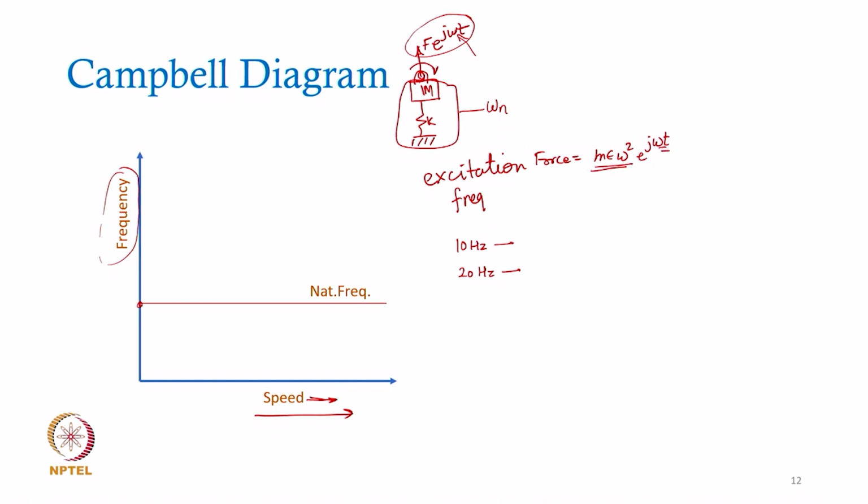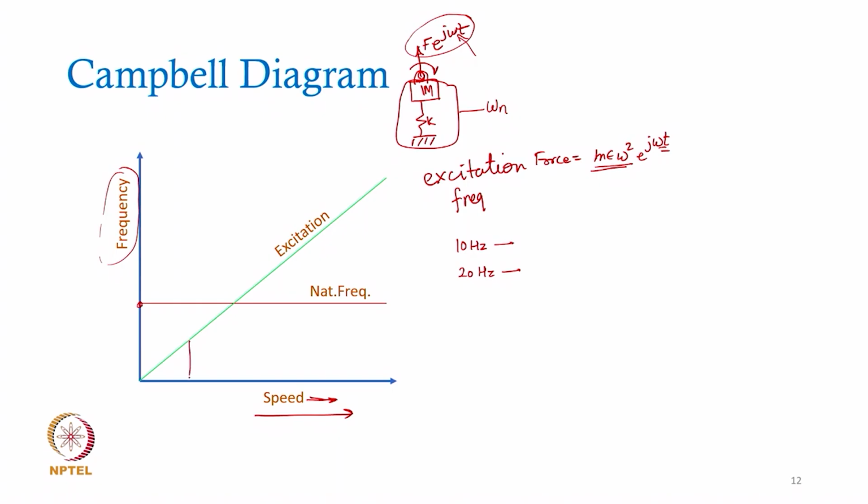So, when the unbalance is the excitation source, the excitation frequency is going to change continuously with speed, and it is going to linearly change. If I change the rotation speed to 20 hertz, the excitation frequency changes to 20 hertz and so on, is it not.